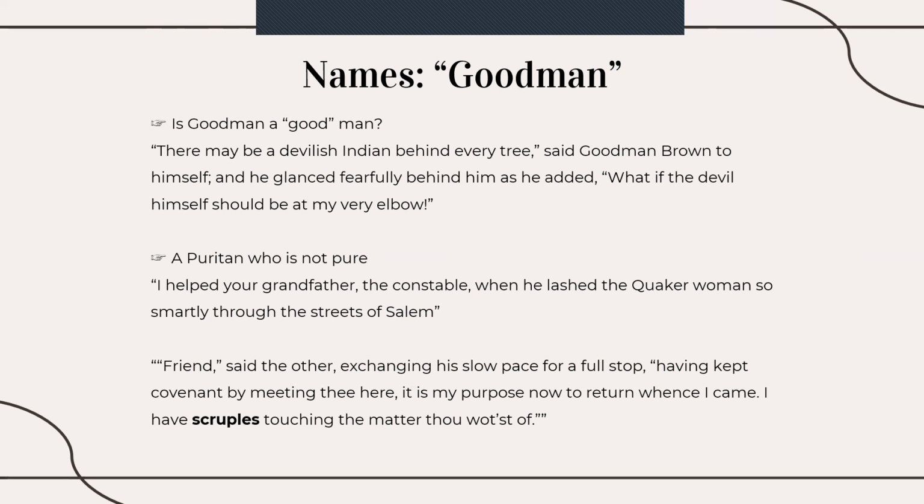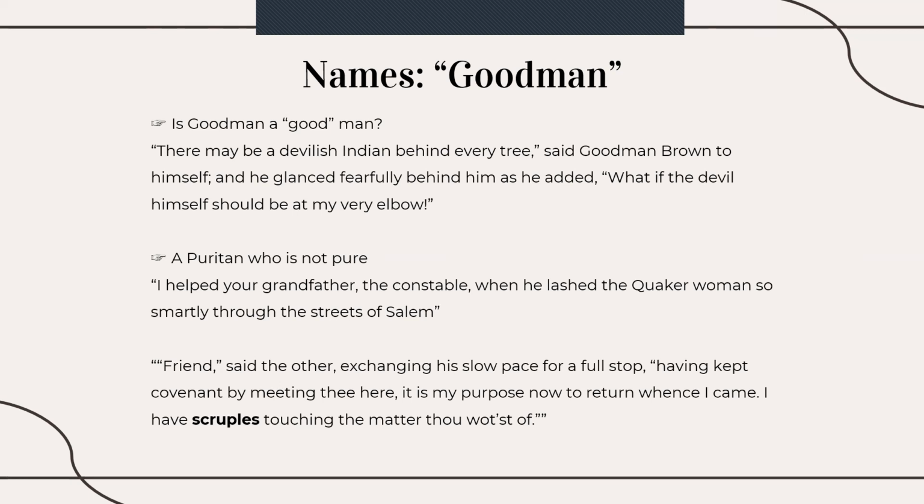And once he talks about the devil, he encounters one man. So yeah, he is the devil. Maybe he's Satan. Anyway, the devil says, I helped your grandfather, the constable, when he lashed the Quaker woman so smartly through the streets of Salem. Yeah, so I think this is quite an important phrase because what he talks about is the possibility of evil in Brown's Puritan family history.